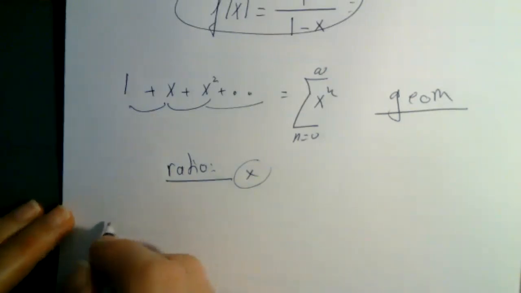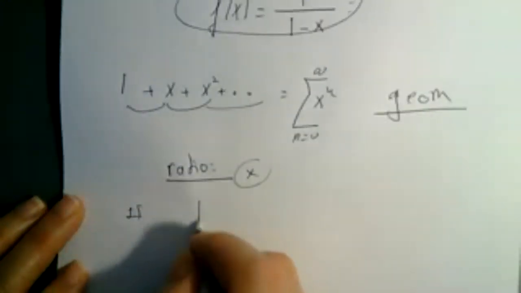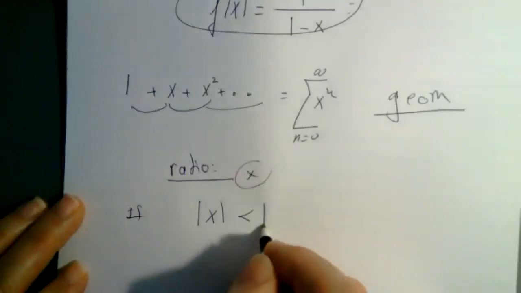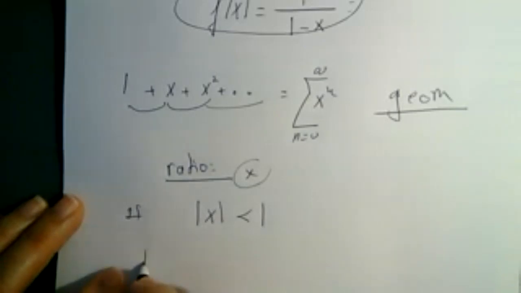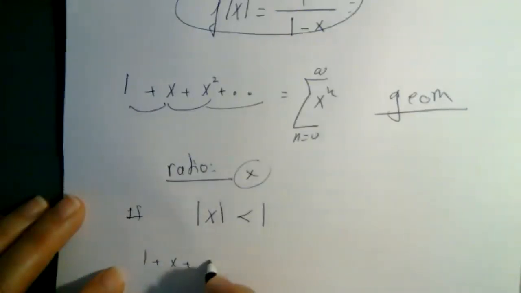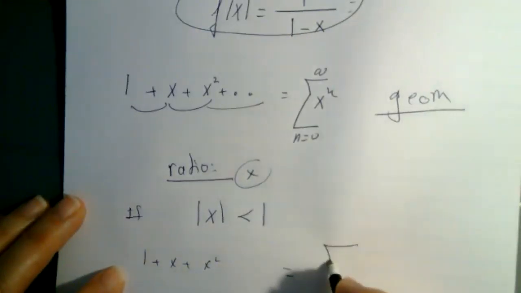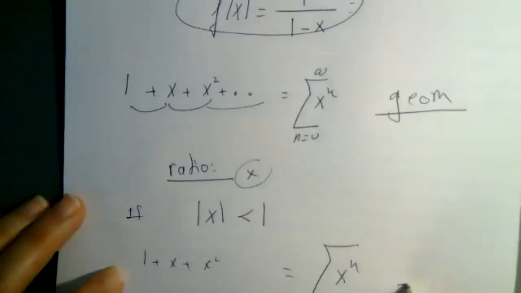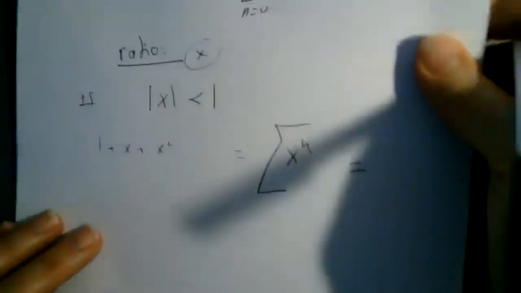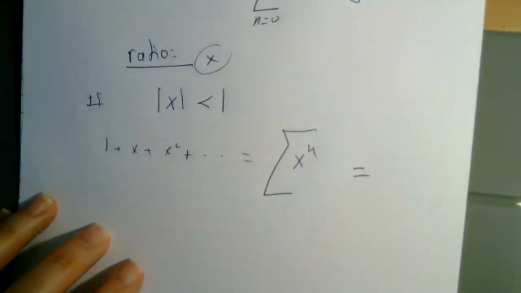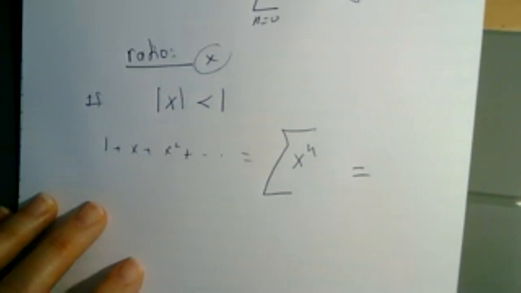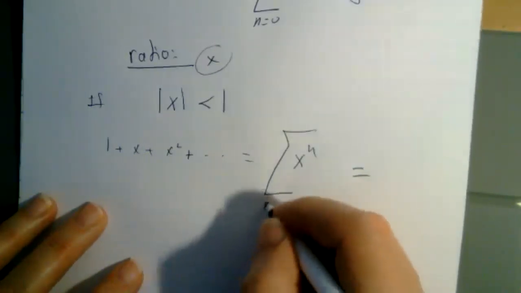It means that we know that if the absolute value of x is less than 1, that's crucial, then this series will converge. And it converges to what? Do we know the value of this series? Do we know what it converges to?